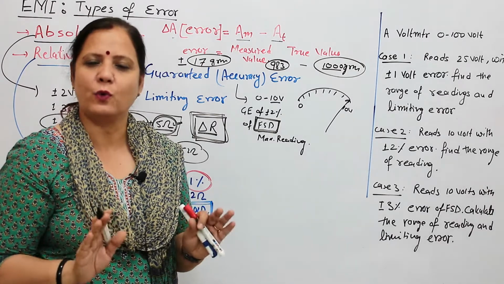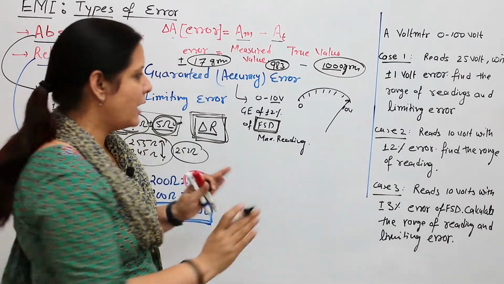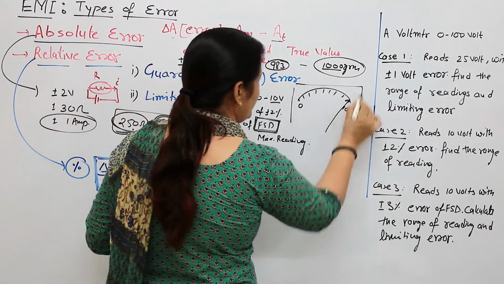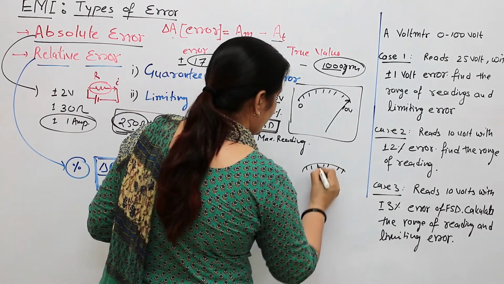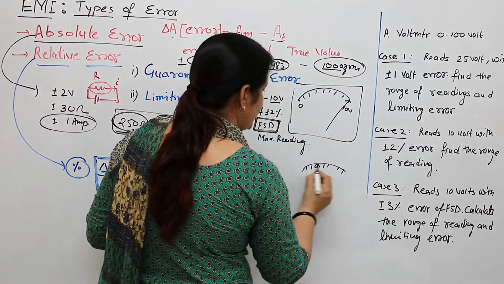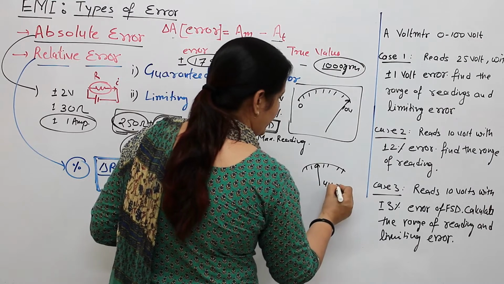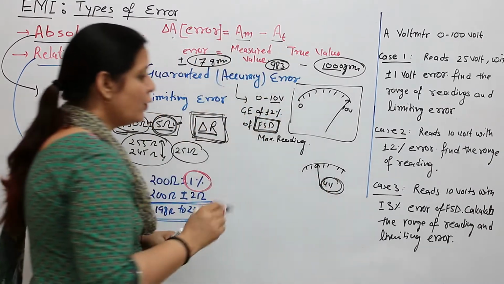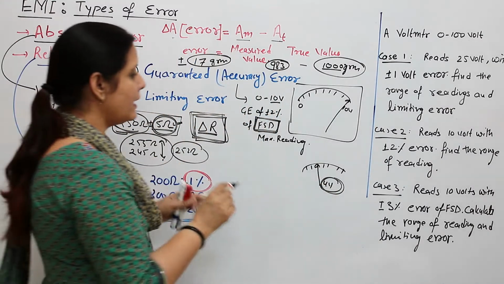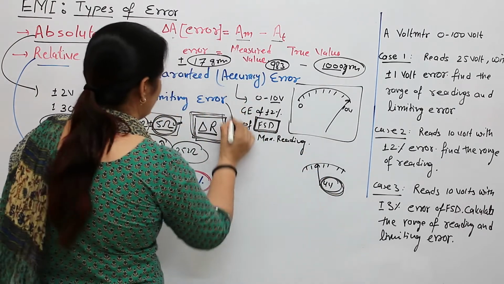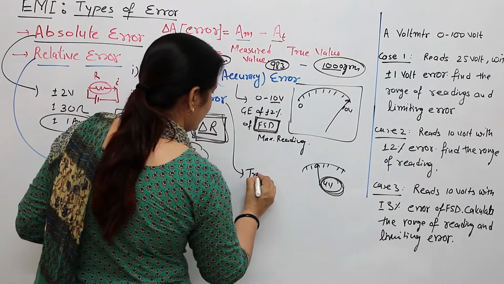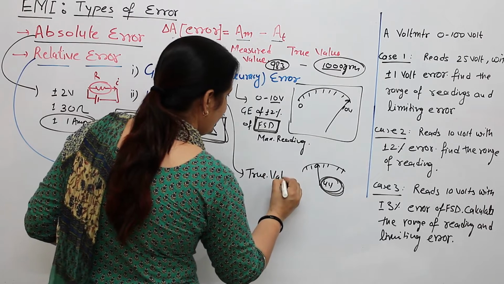Okay, so this is the voltmeter that can measure up to 0 to 10 volt, but always you are not measuring 10 volt only with help of this voltmeter. Maybe you are using this voltmeter and your reading is 4 volt. Okay, if you mention the error with respect to the true value, then this error will be defined as the limiting error.